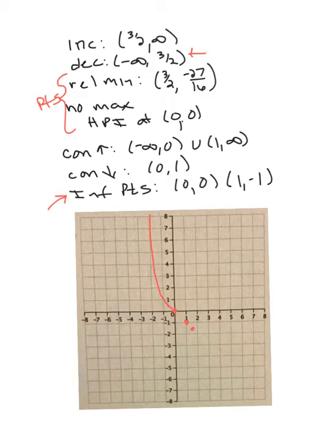Then we are concave down between 0 and 1, so we need to make a little bit of a cup between 0 and 1, then we start going concave up again, and then at 3/2 we start increasing. So there is a sketch of the graph of this function.